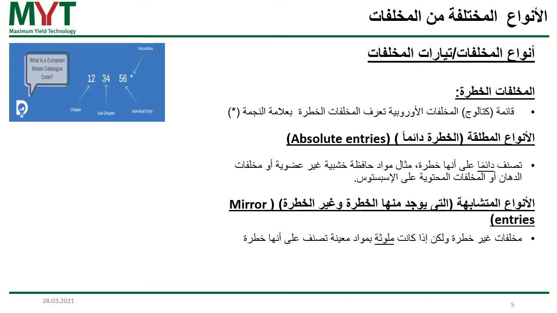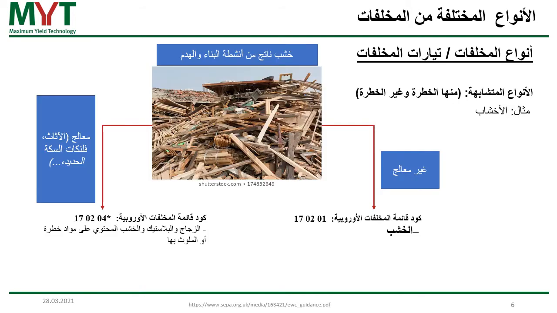So we just started with the most difficult part of this waste ordinance, but just so that you know how to take care of hazardous waste, we have an example here. For example, the mirror entry, or we have here the example of wood. If it's an untreated wood, a raw wood, it would be in the category wood, which is 17, subchapter 02, and then 1 is the number to classify the wood.